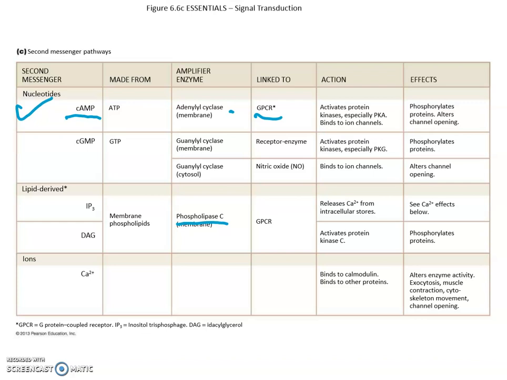So phospholipase C will pick up one of those phospholipids and just chop its head off, the head group being then IP3, and the fatty acid tail becomes diacylglycerol. So the two second messengers that are formed here are IP3, which is important, and diacylglycerol, which is also important, but you're not going to hear much about this one again. So IP3 releases calcium, and that's why we need to know this one.